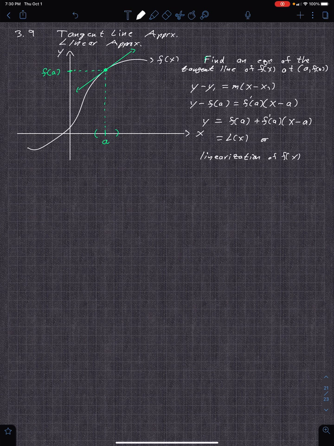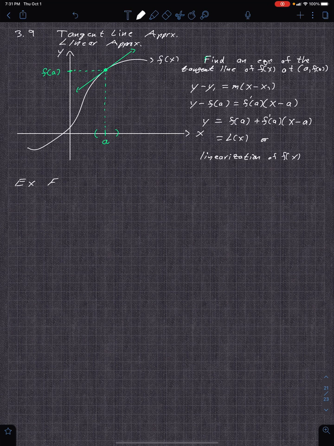Essentially, this type of thing was done to approximate weird functions like cube roots or square roots, something that would be difficult to actually calculate. But you can do it much more easily, by hand, with a line. It also has future applications in infinite sums and things like that.